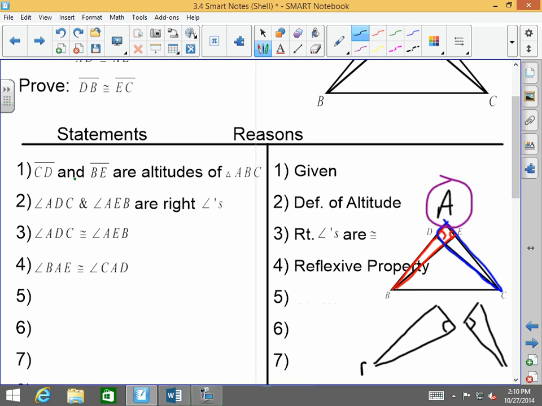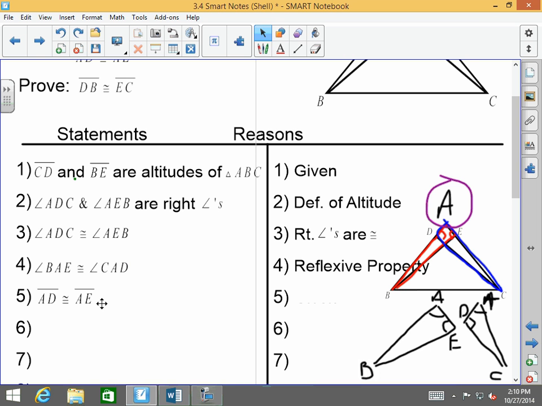So this is B. This is my A. And this is my E. And then this is my A. And then this is my C. And this is my D. You guys feel me? So I know that A is congruent to A. So angle BAE is congruent to CAD. Hopefully that helps out a lot.